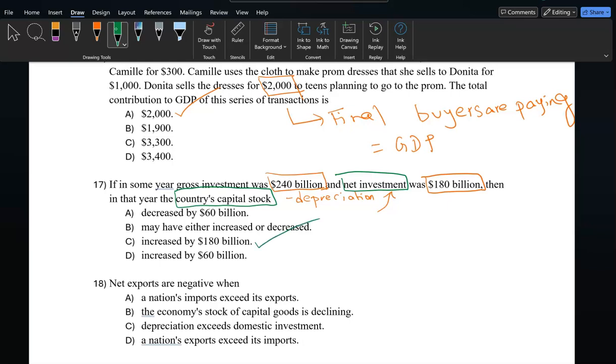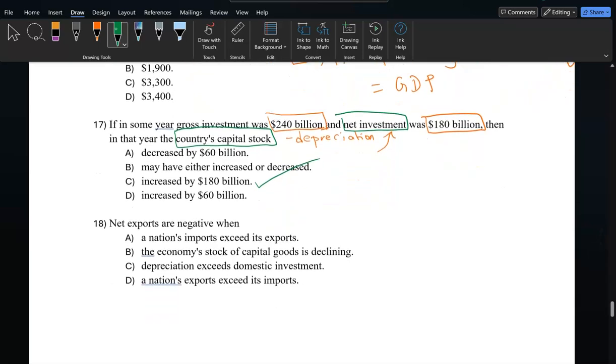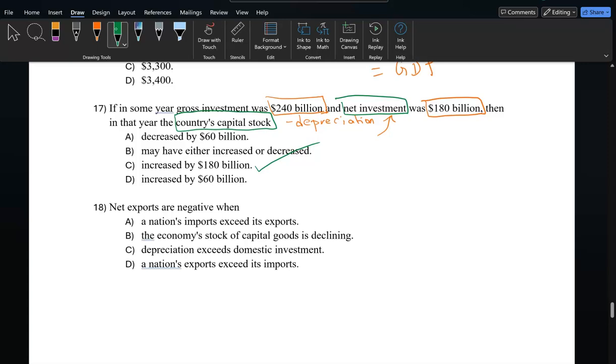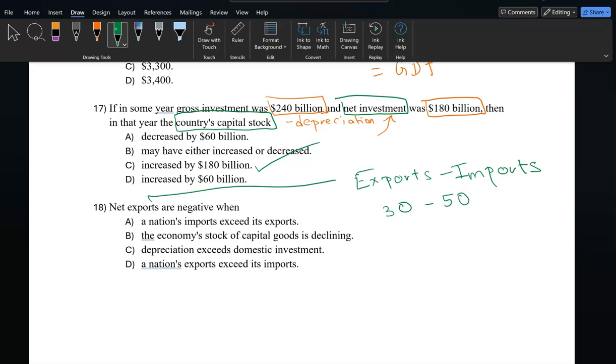This will be our answer. The capital stock went up by $180 billion. Question 18. The net exports are negative when? So net exports is a difference between exports and imports. It's going to be negative when the imports are greater than exports. So this is our answer to this question.